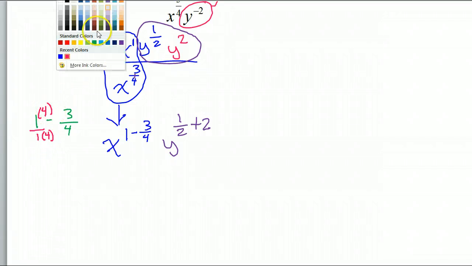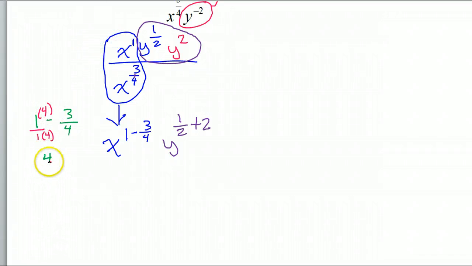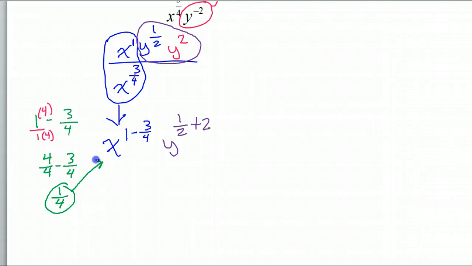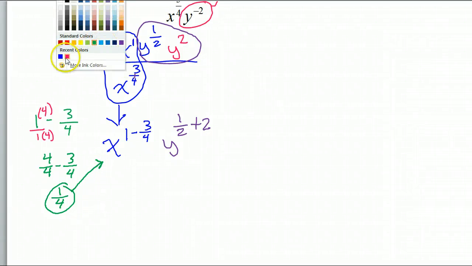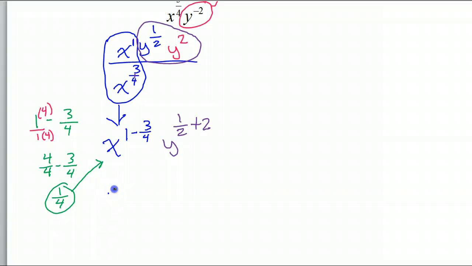That would give me 4 over 4 minus 3 over 4. 4 minus 3 is 1, so that's 1/4. Okay, so that's what's going to happen with the x's. That's why the x's will become x to the 1/4 power.